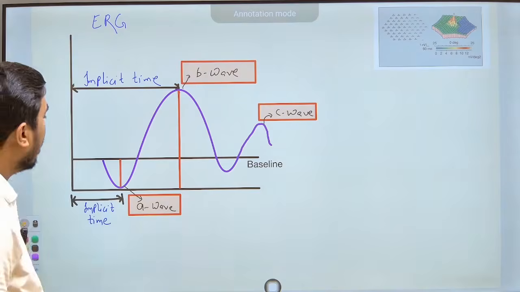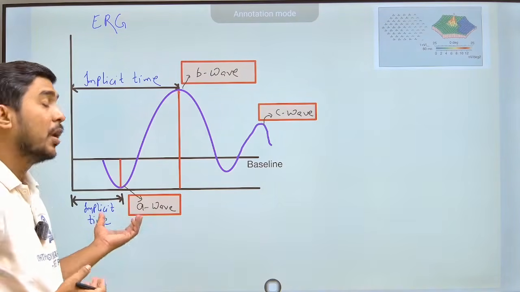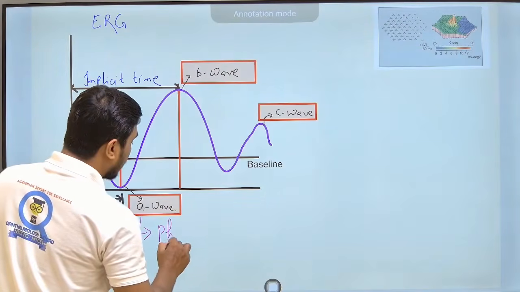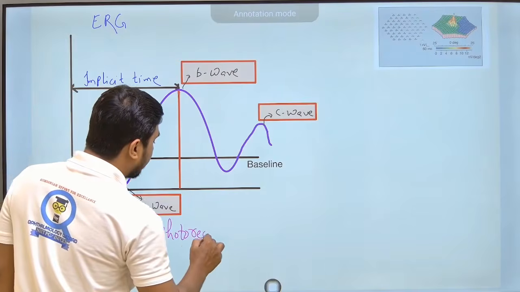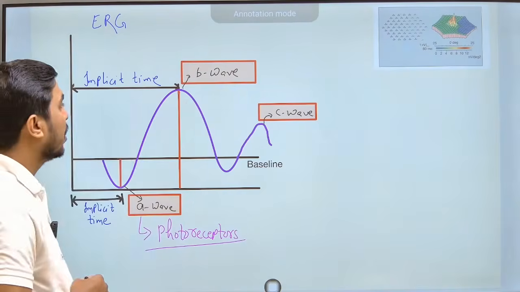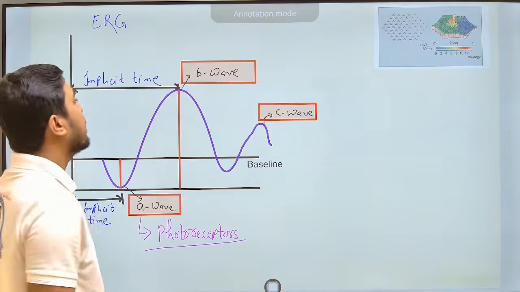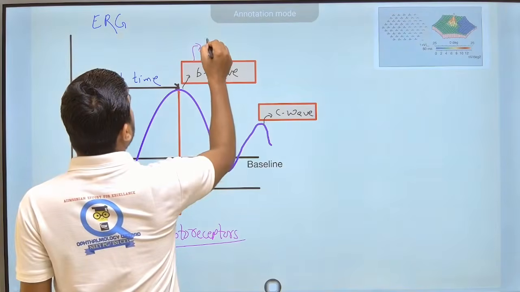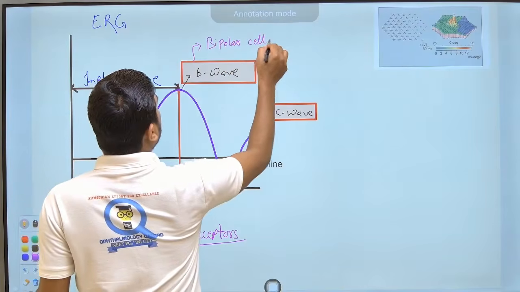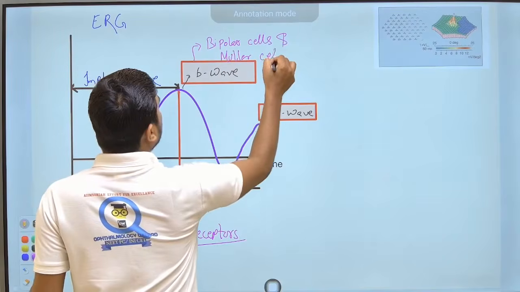Okay. Now A wave is formed from what? A wave is the function of photoreceptors, that is rods and cones. B wave is a function of what? B for B wave, B for bipolar cells. It is a function of bipolar cells and Muller cells.